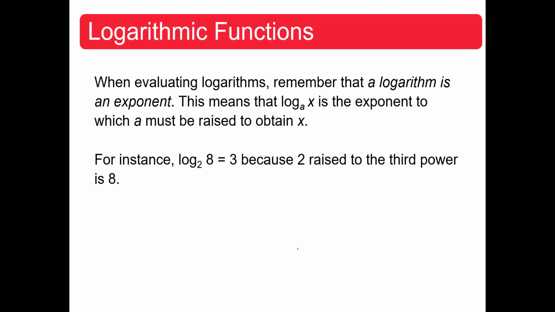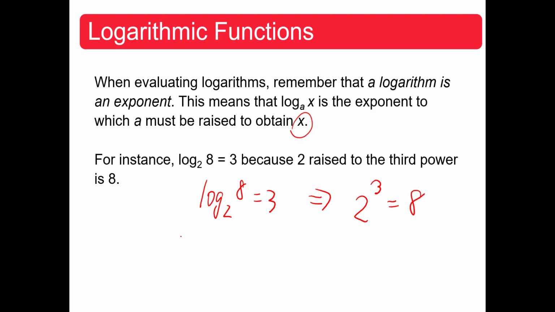Now when we evaluate logarithms, remember that a logarithm is an exponent. That means you can easily convert it back to an exponent and solve for the unknown variable x. So for example, let's say we have log base 2 of 8 equal to 3. And that's the same thing as 2 cubed equal to 8, going back to the exponent.